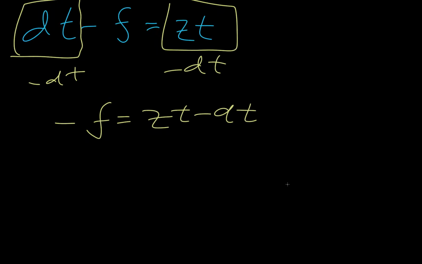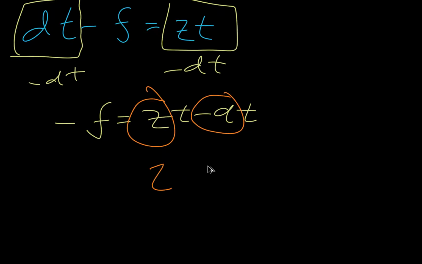Now, this is one thing that's a little bit harder when we just have letters, but it's not too bad. What we're going to do is factor out these two pieces. So it's like reverse distribution.